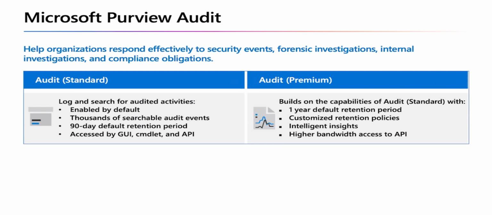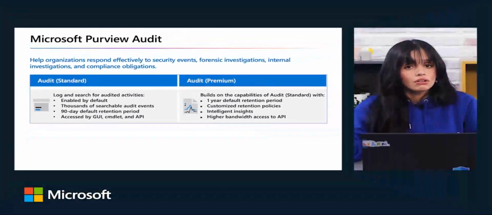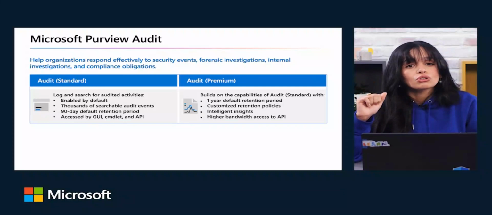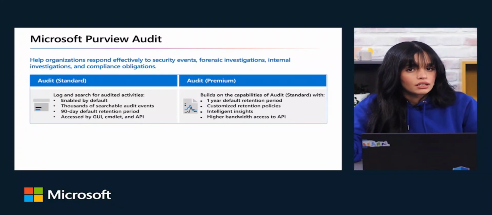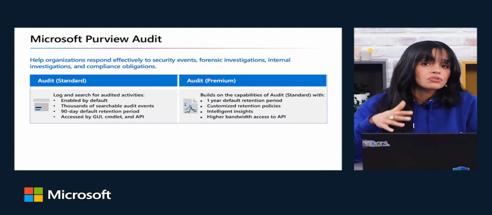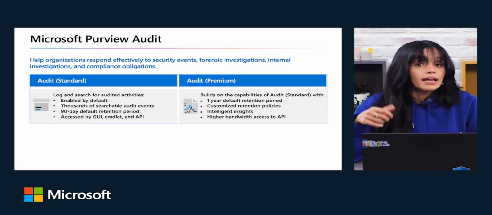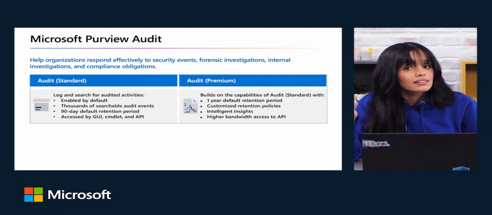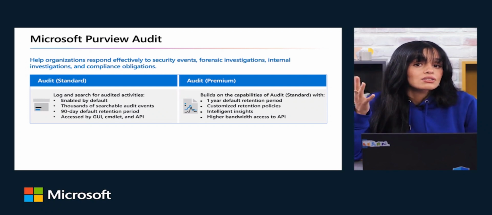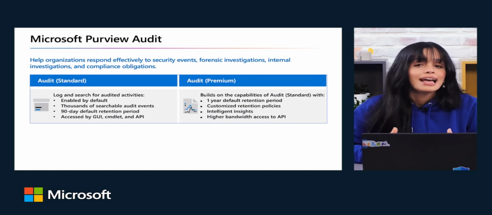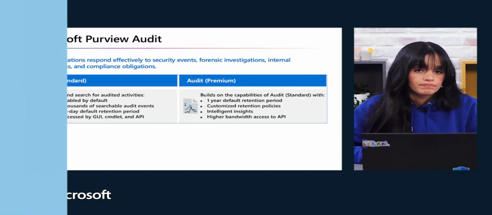On the other hand, Audit Premium builds on the capabilities of Audit Standard. Audit Premium provides longer retention of audit records with default of 1 year. Also, customized audit log retention policies. It provides intelligent insight and more bandwidth to access auditing logs through the Office 365 Management Activity API.